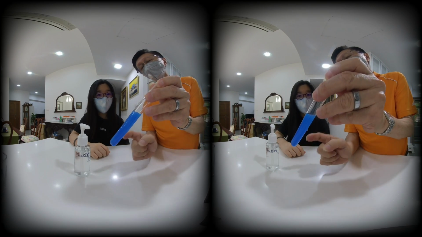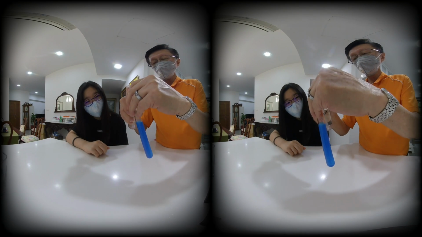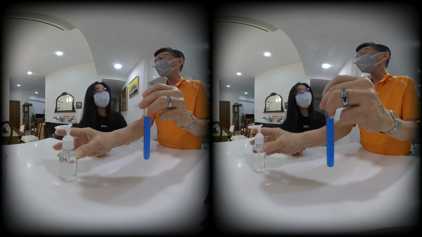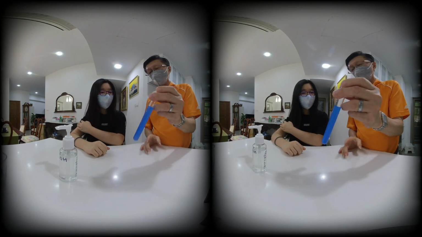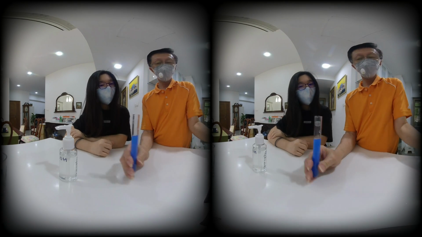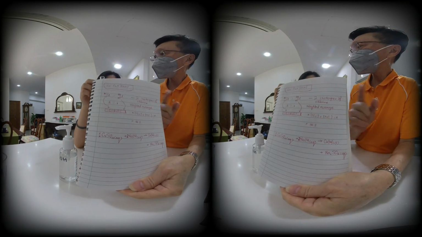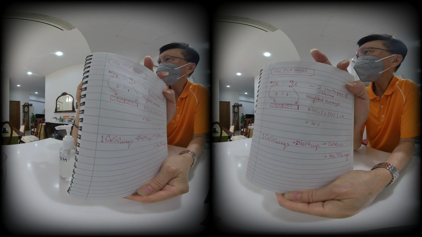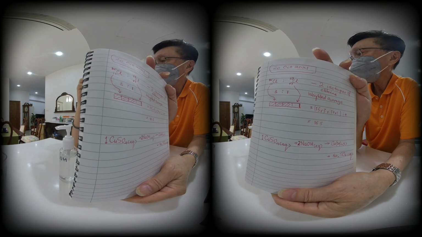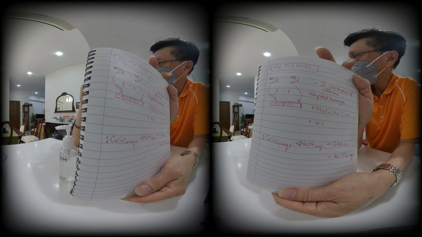But what do you think will be the color of the solution? White? Yeah, it will be colorless. Okay? So which means that, based on our balance equation, 1 mole of copper 2 sulfate reacts with 2 moles of sodium hydroxide.